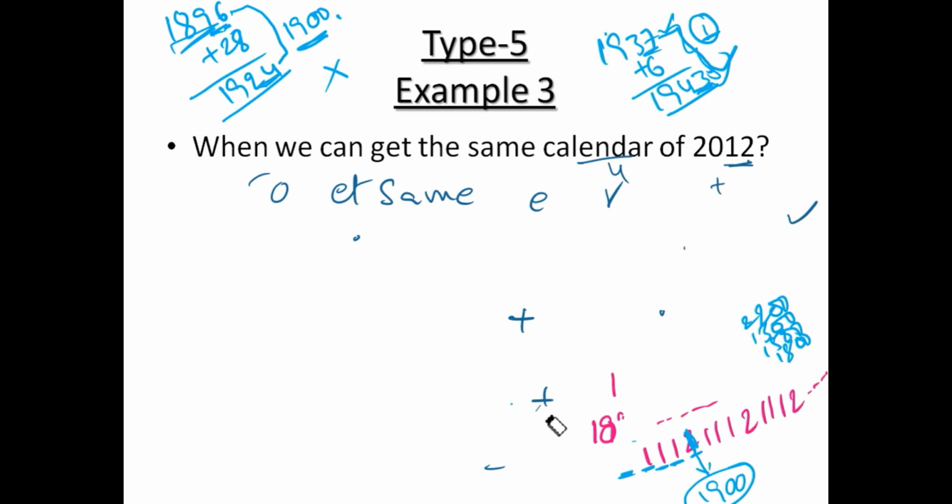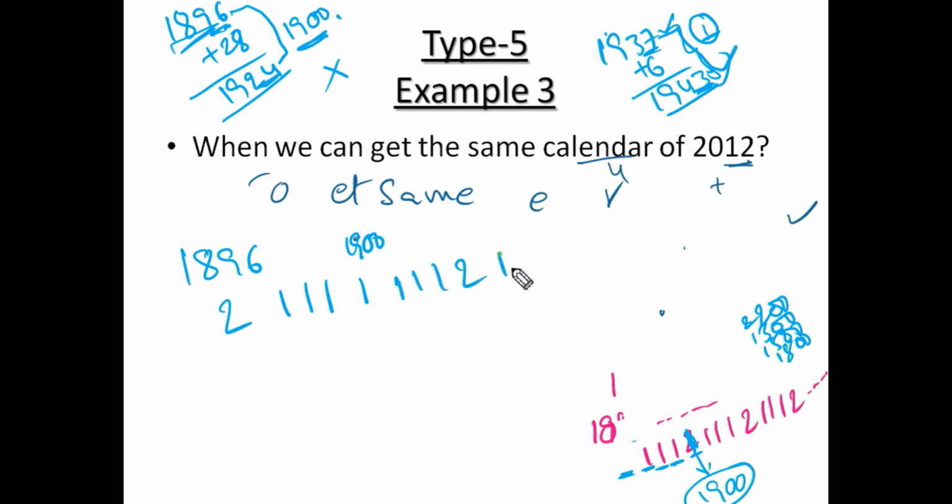See, here I am doing the same procedure. Given here is 1896, 2, but 1 1 1, it is not 2, it is 1, because 1900 is not a leap year. Then 1 1 1 2 1 1 1 2 1 1 1 2, and the remaining is okay.